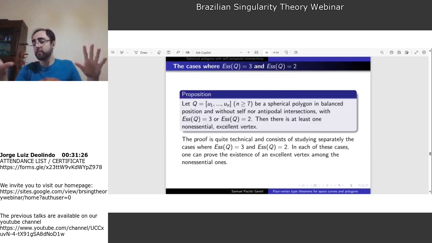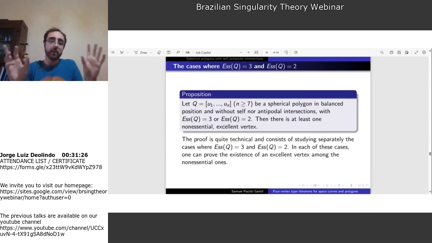The proof is quite technical and consists of studying separately the cases where the number of essential vertices is either 3 or 2. In each of these cases, one can prove the existence of an excellent vertex among the non-essential ones.